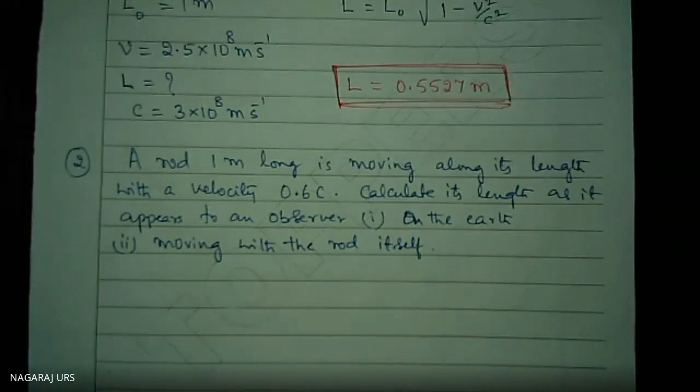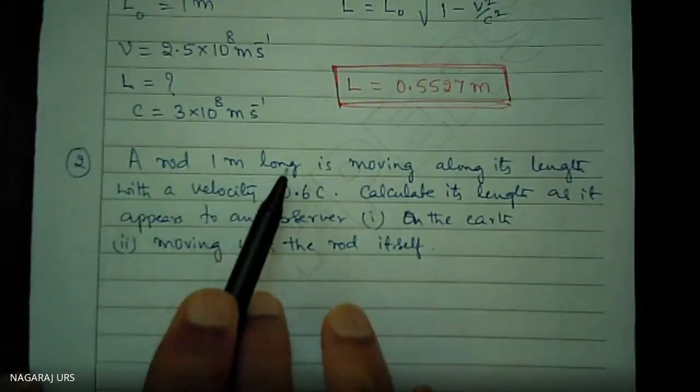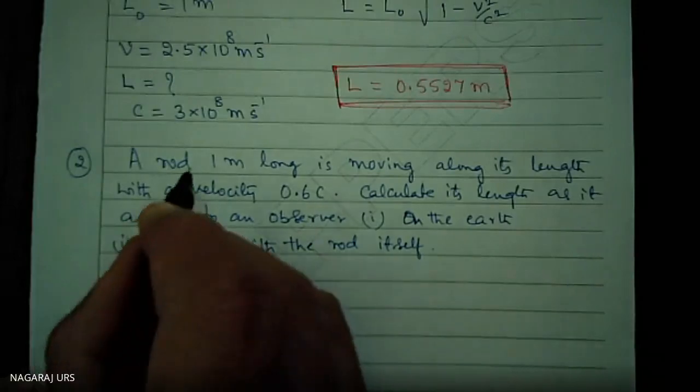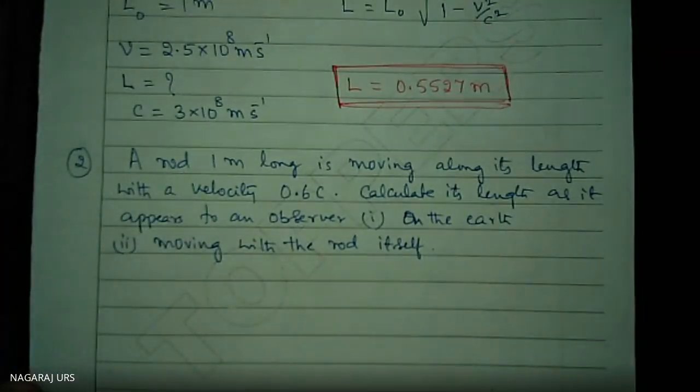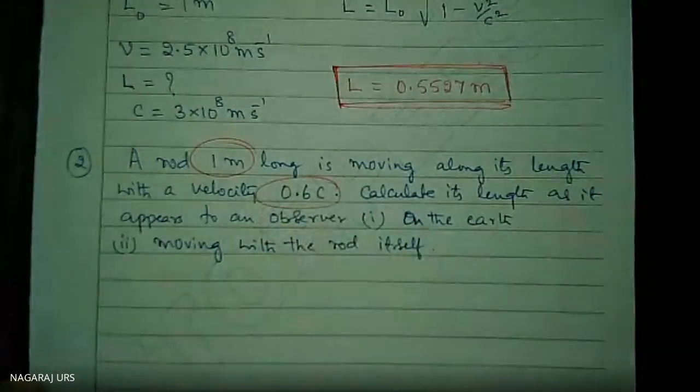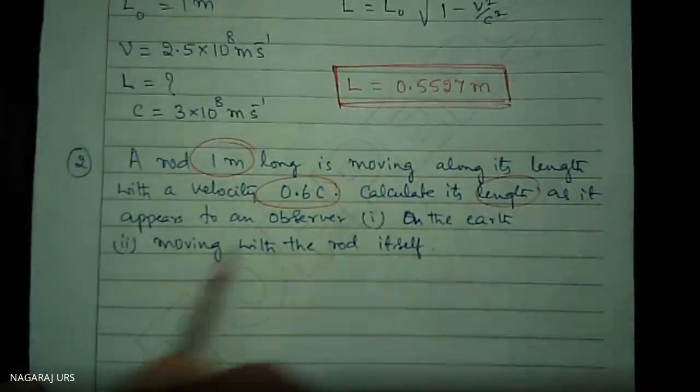First, let us write the data. Read the question, whatever the concepts are given, you think and write the data. A rod of 1 meter long is moving along its length with a velocity. So the rod's length is given, velocity is given.